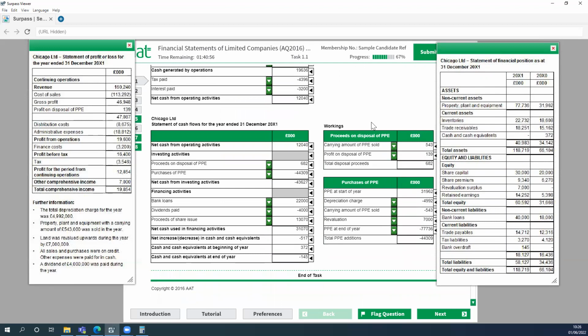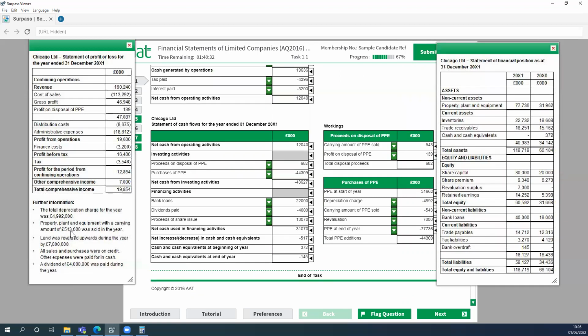So 12,040. So then we're going to look at our investing activities. So what are our investing activities? So we've got the proceeds on the disposal of PPE. It tells us here, property, plant and equipment, the carrying value of 543,000 was sold in the year.